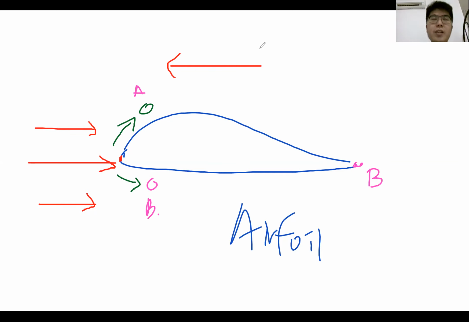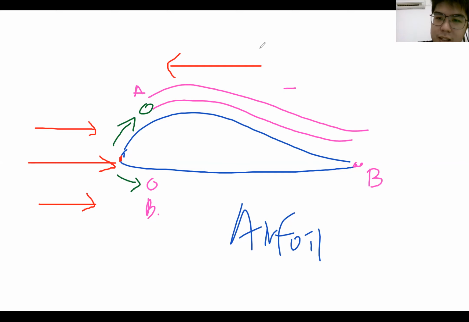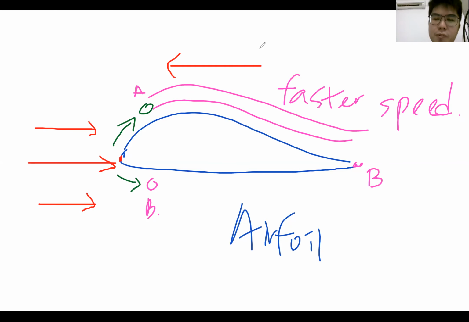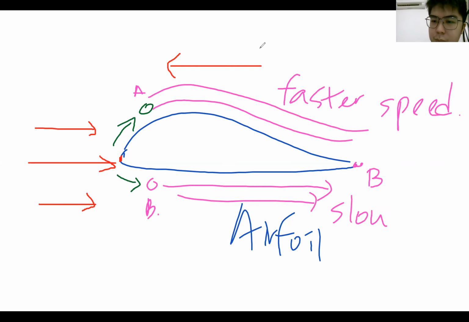So particle A has to cover a longer distance than particle B. Since both of them have to reach at the same time, A has to move faster. So the air above the airfoil moves at a faster speed, and the air below the airfoil moves at a slower speed.